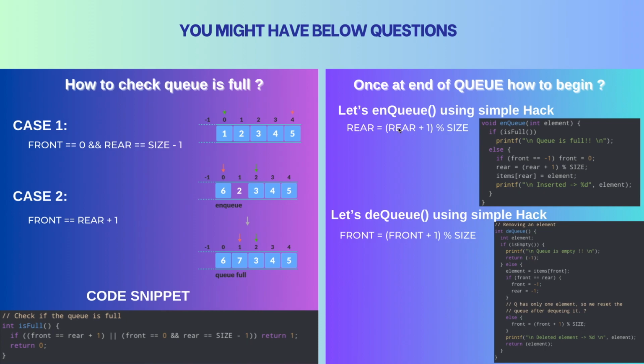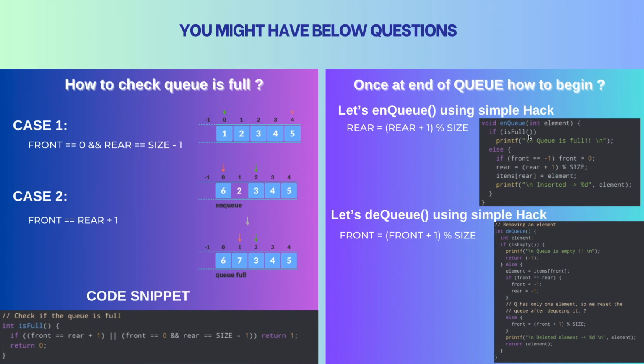Then after, what is our rear position? Rear position is 0. If I just want to insert one more element, previously it was on 0, now I want to insert one more element. So what was the position? Rear was at 0. 0 plus 1, 1 modulo 5. So it would be 1, and again we have to follow the same condition. As you can see in this code snippet, I have already implemented this in the enqueue method.